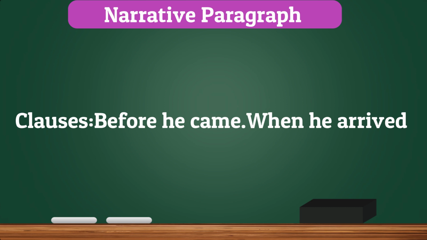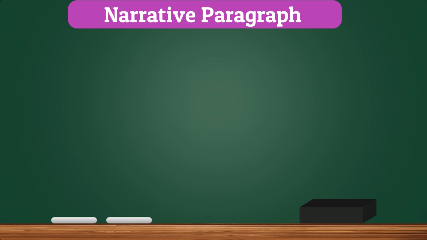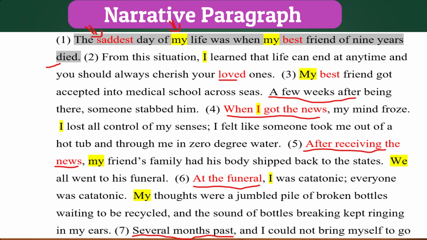So let's have a sample of the narrative paragraph. And you have to keep in mind that all the incidents occurred in the past tense. When you narrate, you can talk about a happy story or a sad story that happened to you or to someone else.